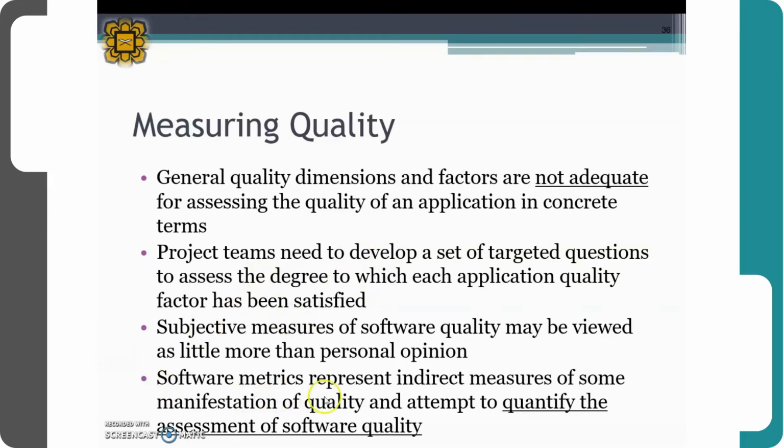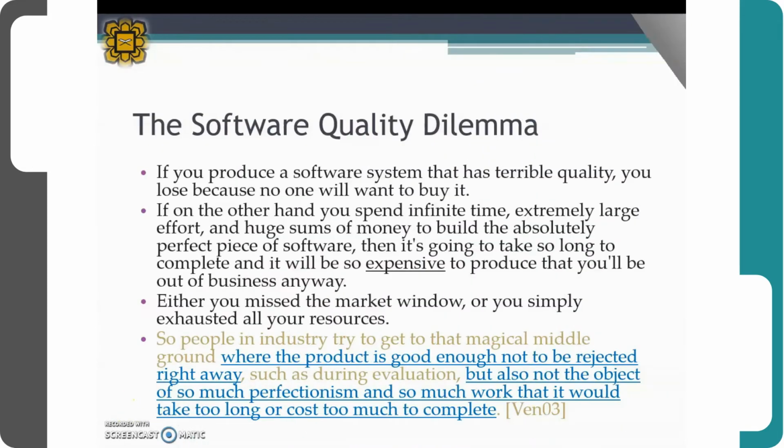Software metrics represent indirect measures of some manifestation of quality and attempt to quantify the assessment of software quality. So, software metrics is an area in software engineering that comes up with what kind of measures can be used to measure the quality attributes, so that you can quantify the assessment of the software quality.